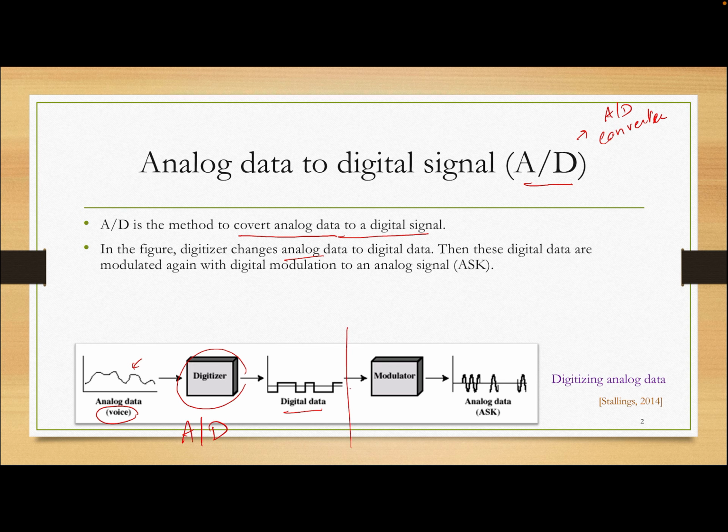And then when we want to use it in practice, we may have to combine it with the digital modulation, sometimes if you want to send it in some frequency band that we want. So we have a digital modulator here that changes the digital data.